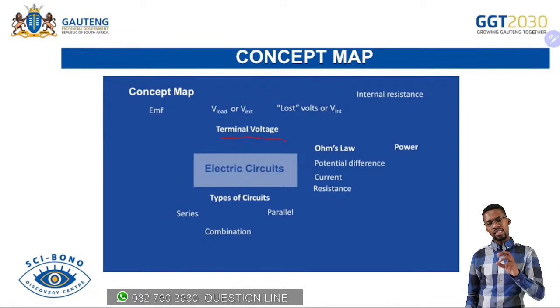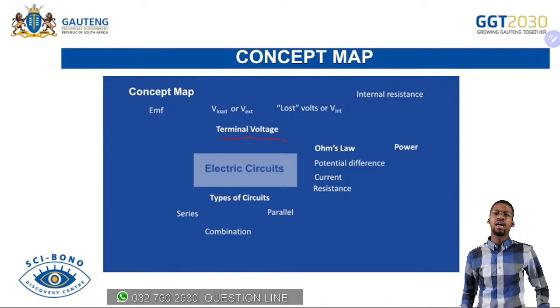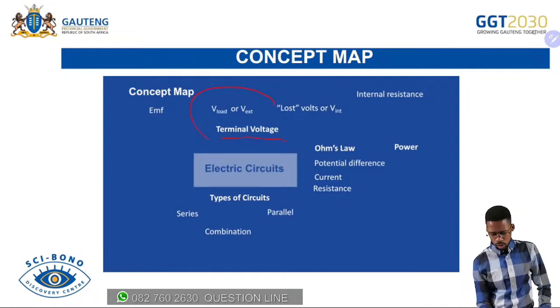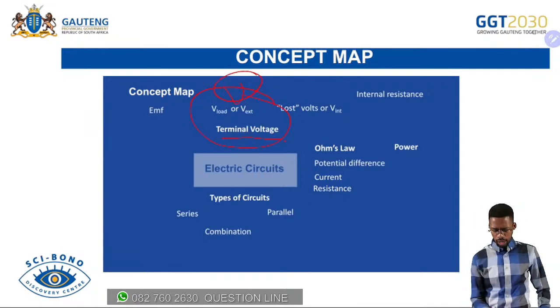All of these terms refer to terminal voltage: V load, terminal voltage, potential difference external. So here we are referring to volts. And then later in 2022, you'll have to deal with EMF and also what we call internal resistance. This one links also to V loss.